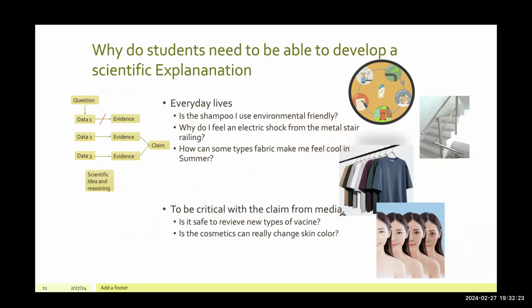Or more critical questions like the claims from the media, for example, is it safe to receive the new types of vaccine, or can cosmetics really change the skin color? So the confirmatory inquiry is not enough because it cannot help students relate all the ideas to the explanation to explain the phenomena they find.